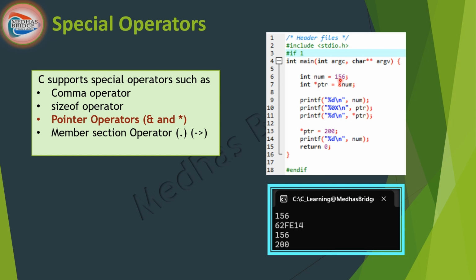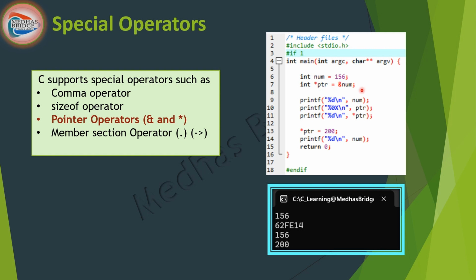This is called the address operator. When I use it as a prefix to the variable, it means I'm referring to the address rather than the value. So int star ptr is a pointer pointing to the num memory location. That's what it means.